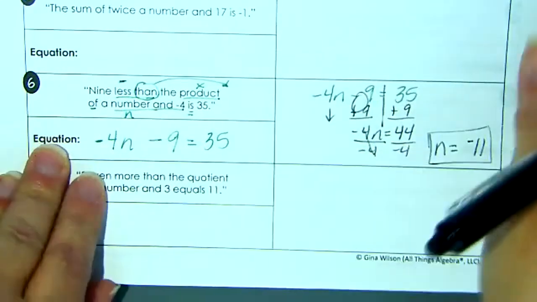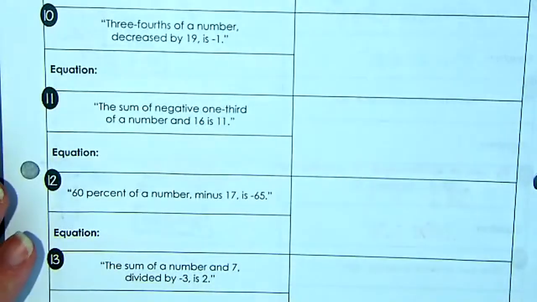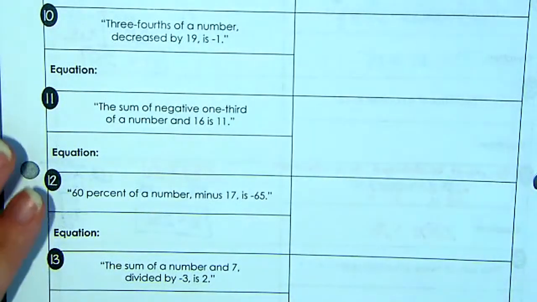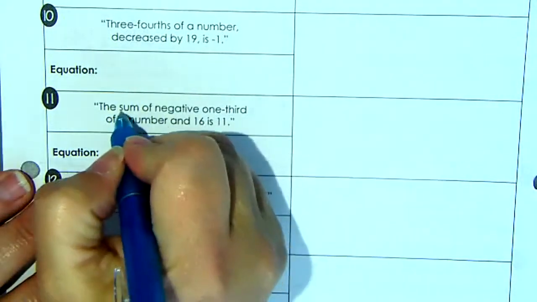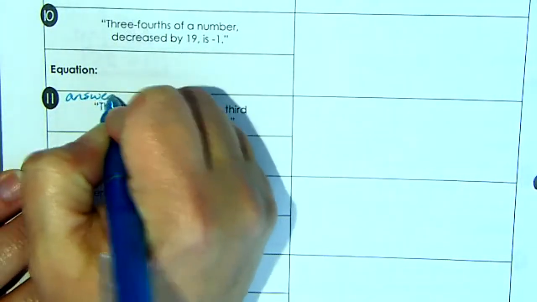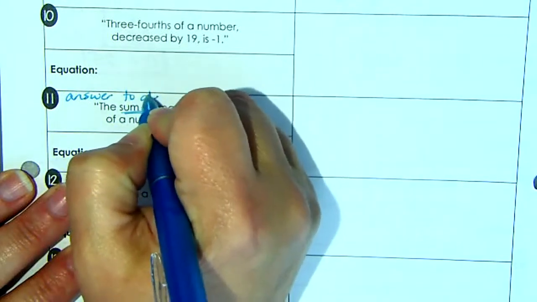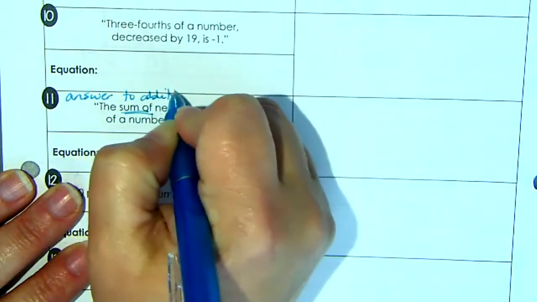Next example. Trying to work a couple of several different ones. Okay, jumping down to number 11. It says the sum of, that means it's the answer to addition.